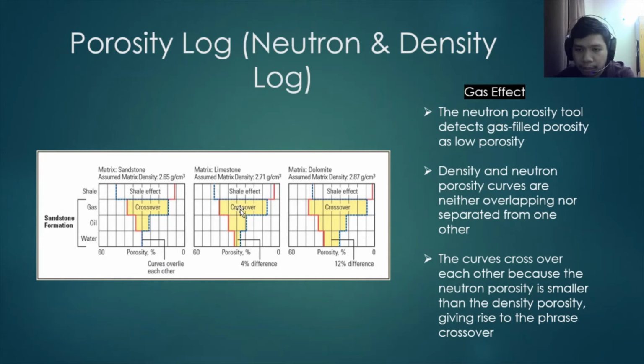So the simple way to read this is when you see the reverse crossover between the normal log, that is where the gas effect takes place.